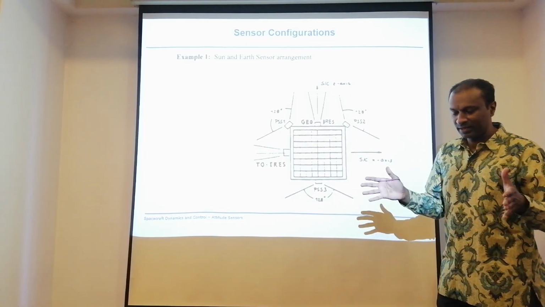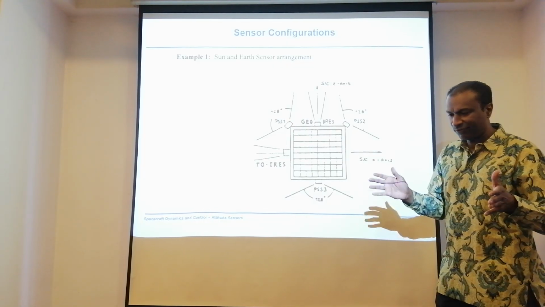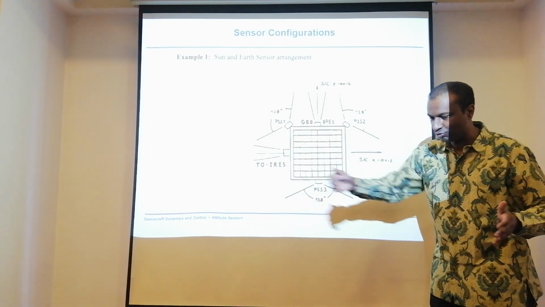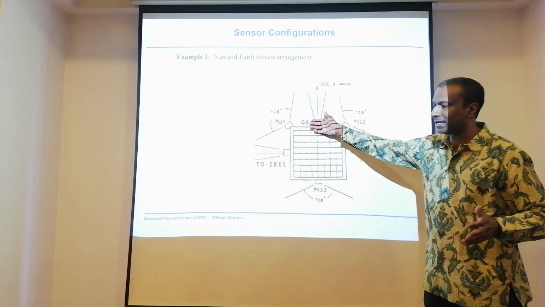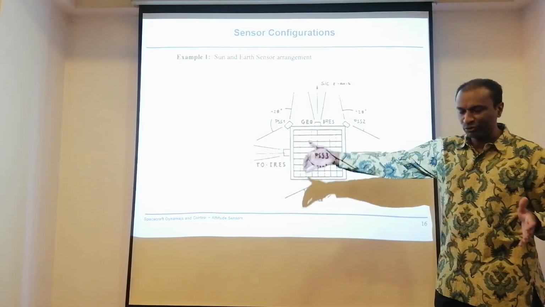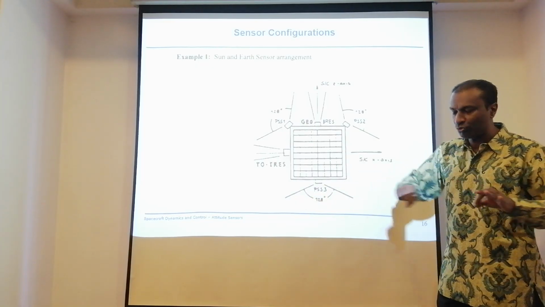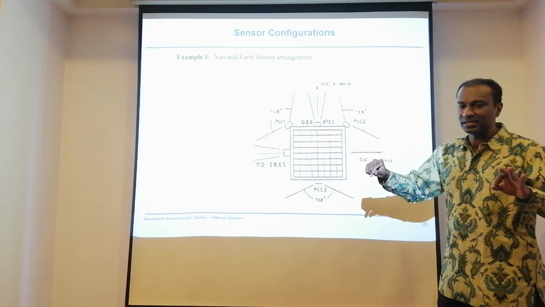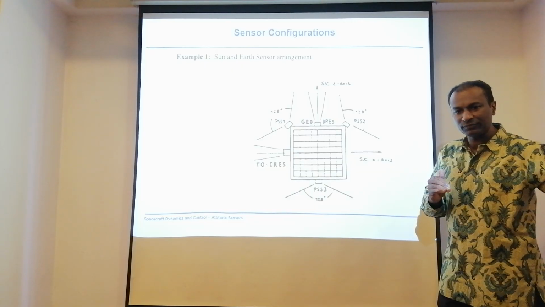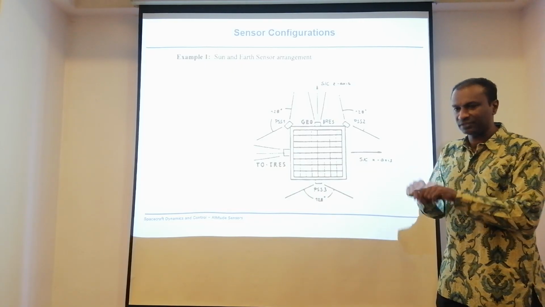Now, as we have learned in orbital mechanics, before you go into a particular orbit, let's say a geostationary orbit, you need to pass through a transfer orbit. If you remember, we do the Hohmann transfer, in which we have a transfer orbit.